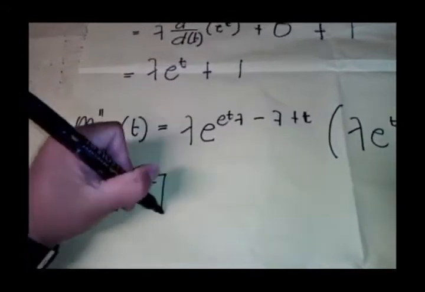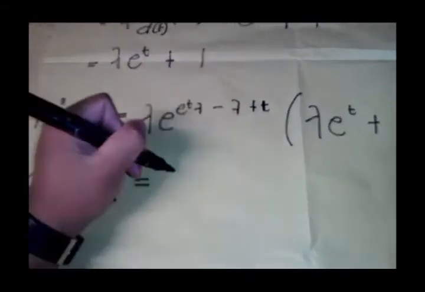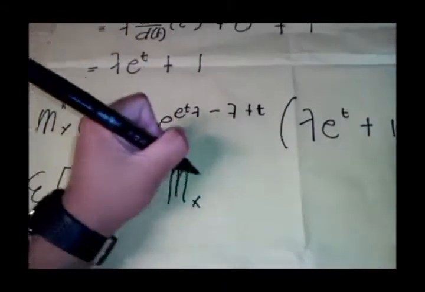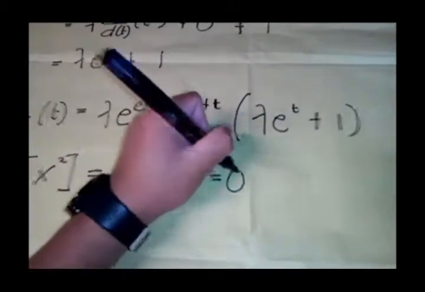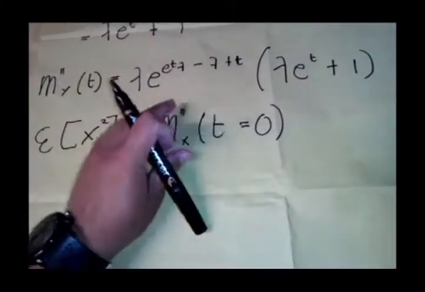In getting the variance, we need to get first the expected value of x squared. So we have the expected value of x squared is equal to the second derivative of the moment generating function where t is equal to 0. In order to get the expected value, we need to substitute t with 0.